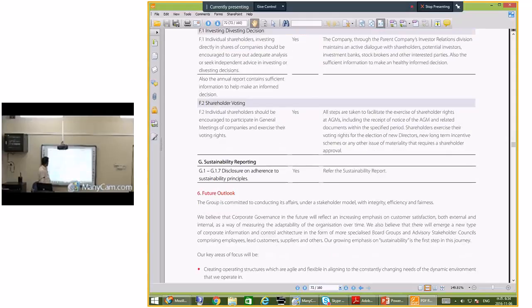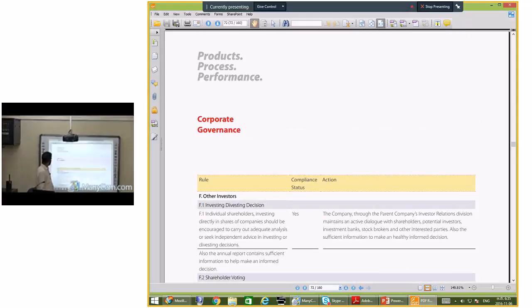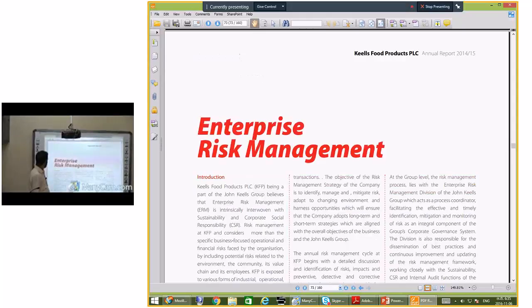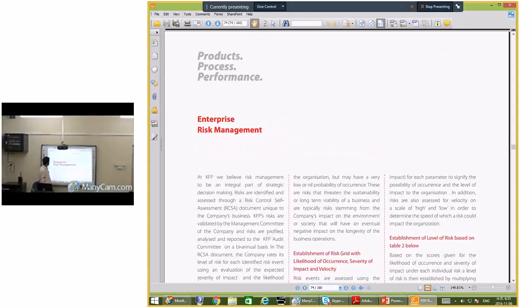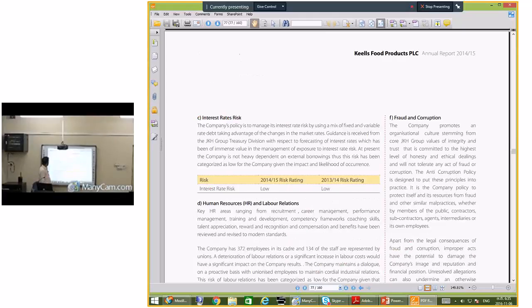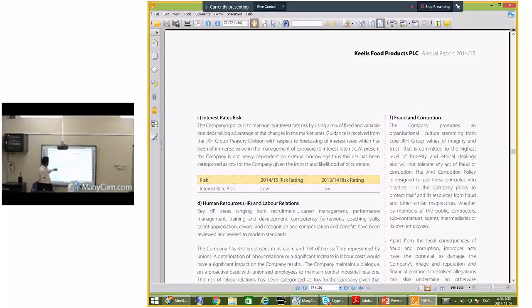Sustainability reporting. Now you can identify the components of that, right? Here corporate governance, then the next one sustainability reporting, enterprise risk management, then interest rate risk. We have read it, right?